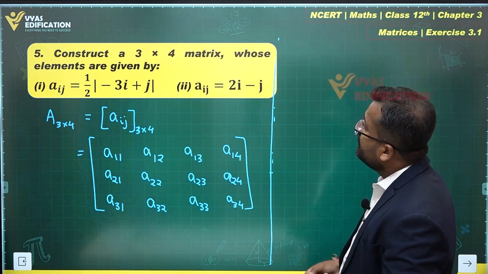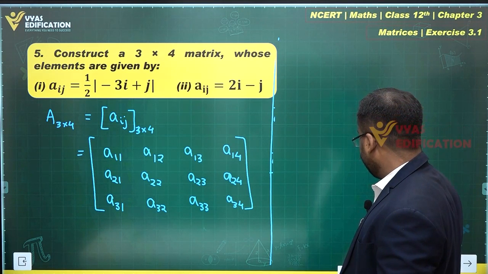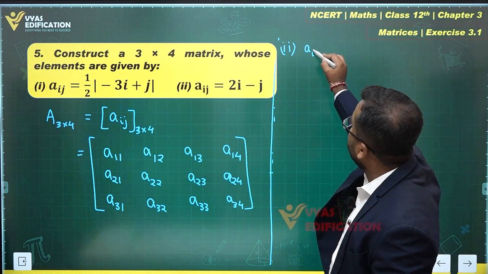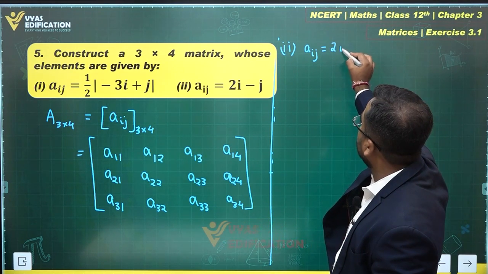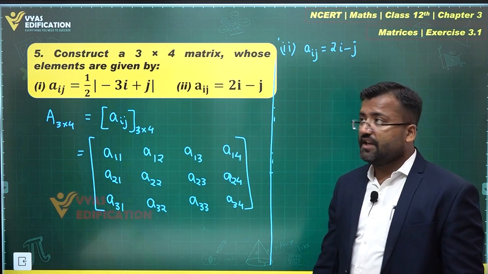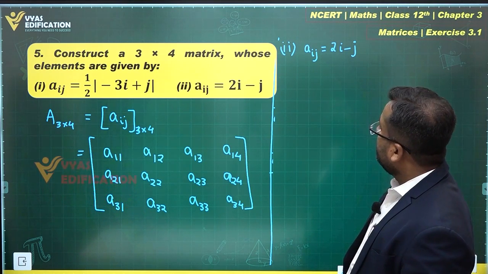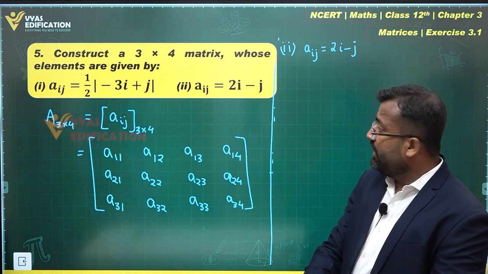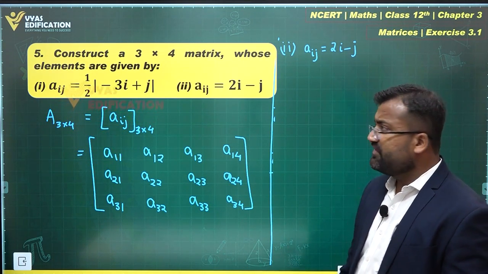Okay. So in part 2, we'll talk about a different Aij. Aij is equal to 2i minus j. And you're already used to solving for A11, A12, A13, A14. This is very easy for you.